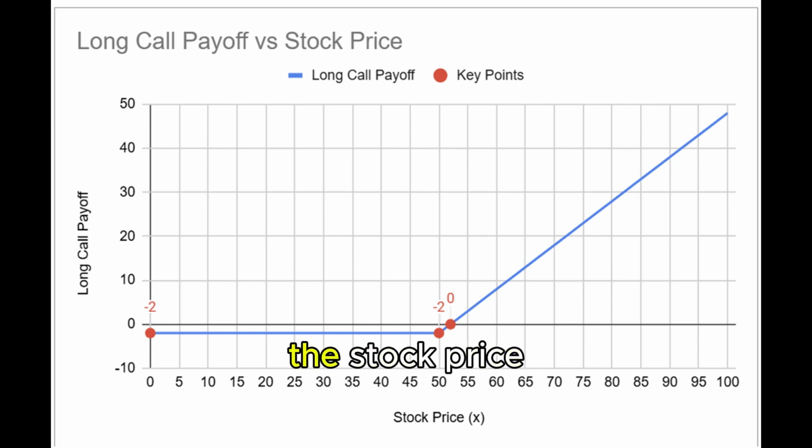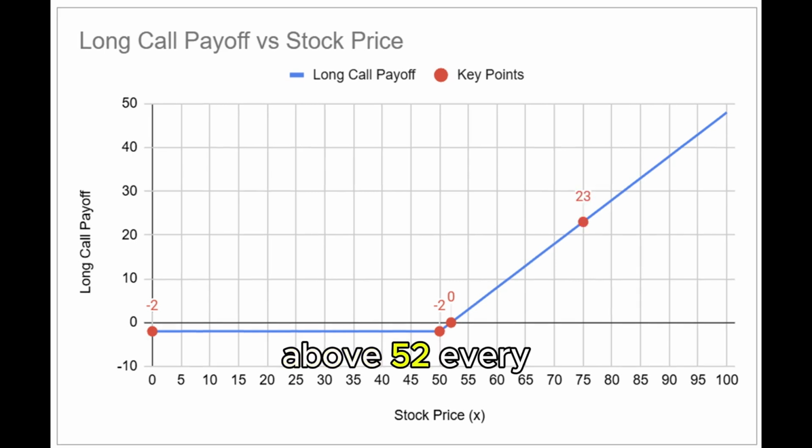The point where the stock price has risen enough to fully cover the premium is your break-even point. In this example, your break-even is 50 plus 2, or $52. Above 52, every dollar the stock price increases becomes pure profit.